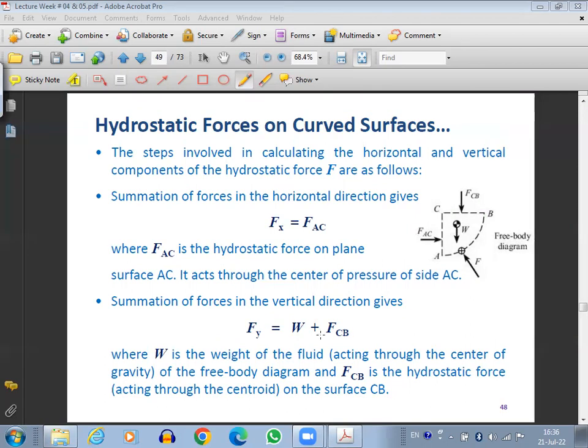So for a curved surface, suppose this is a curved surface, we will find the horizontal projection of the curved surface, and we'll find the vertical projection of the curved surface. Then, assuming that this surface is replaced by these projections, we find the hydrostatic forces, horizontal and vertical.